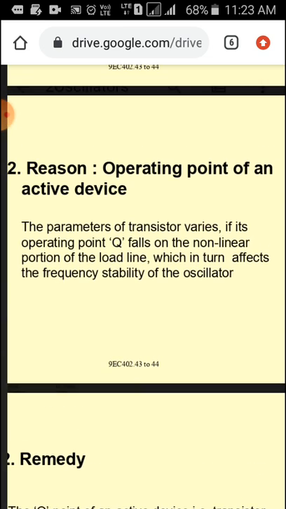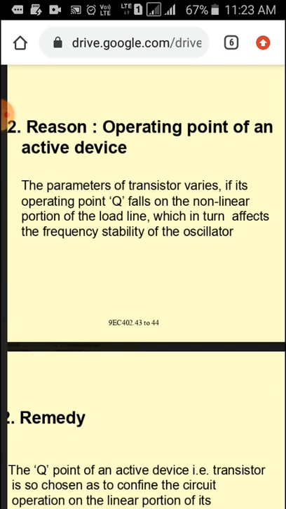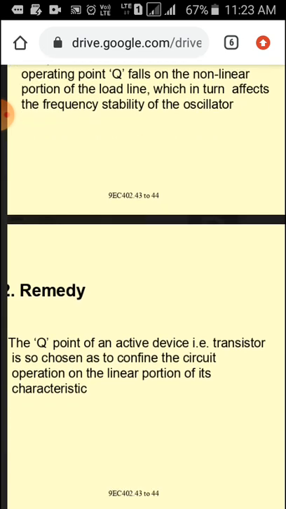Generally, when you fix the operating point at the center of the DC load line, that operating point may shift upward or downward due to the effect of temperature. That may happen.